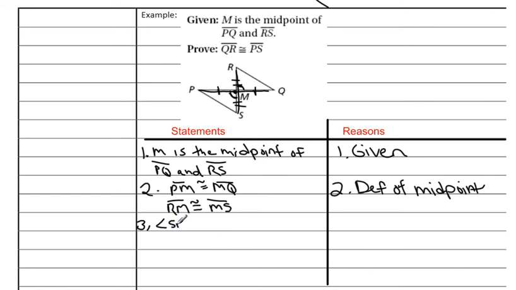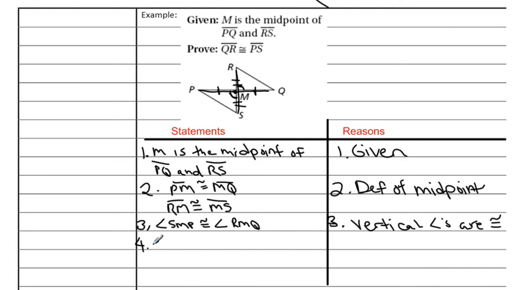So I'm going to say angle SMP is congruent to angle RMQ. And that's the vertical angles theorem, or vertical angles are congruent, or as long as you say something about vertical angles. I'm going to say vertical angles are congruent.